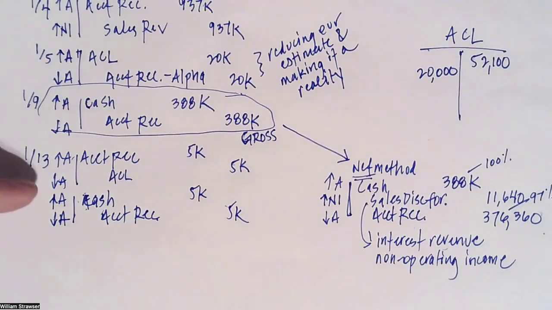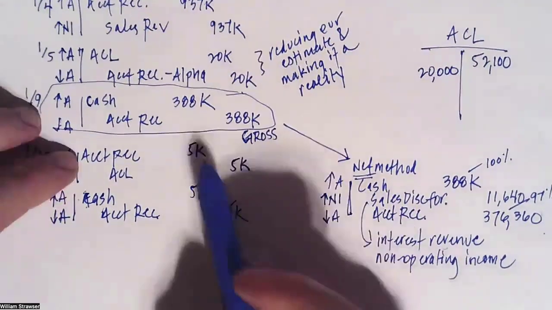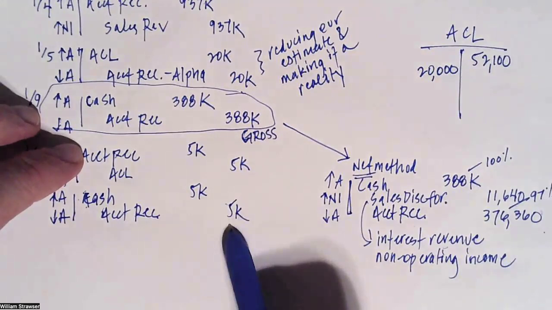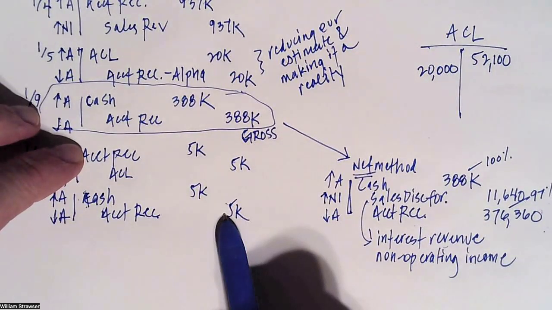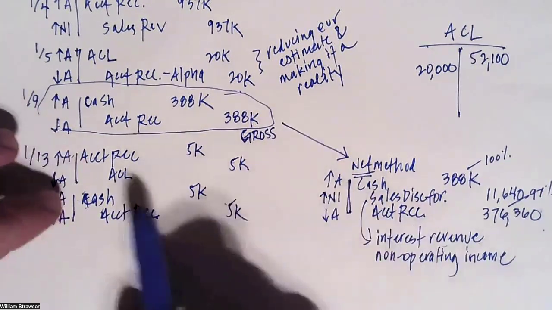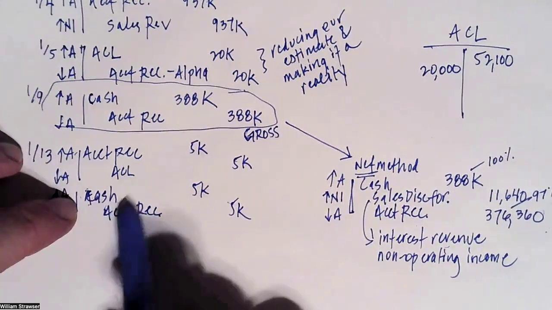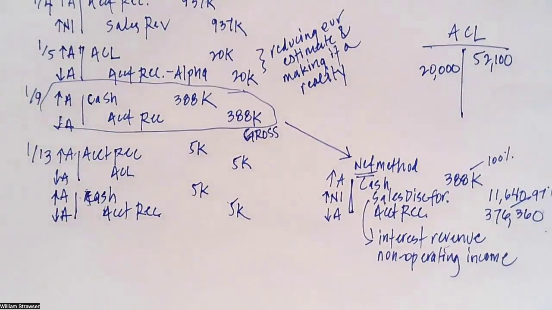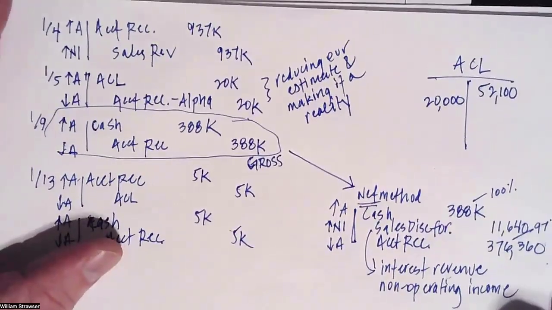You can combine these two entries. That's fine because if you reinstate and collect, you're going to debit and credit accounts receivable by the same amount. And so it just collapses into a debit to cash and a credit to ACL. Either way is fine.